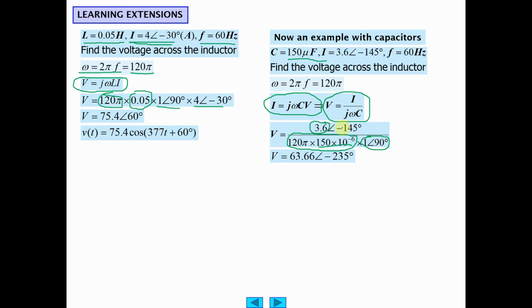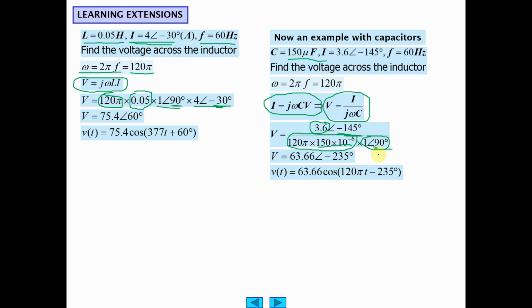And crunching numbers, negative 145 minus 90. When you're dividing, it's a negative. When you're adding, you're adding them together. So it's 90 degrees plus a negative 30. When you're dividing, it's negative 145 minus 90. A couple examples there.